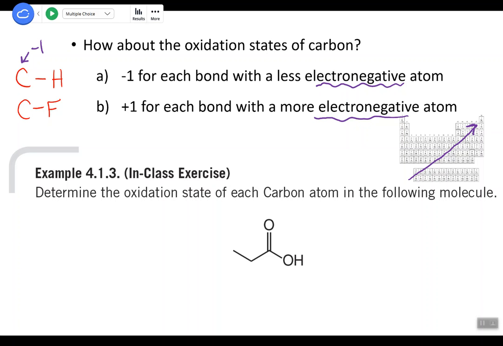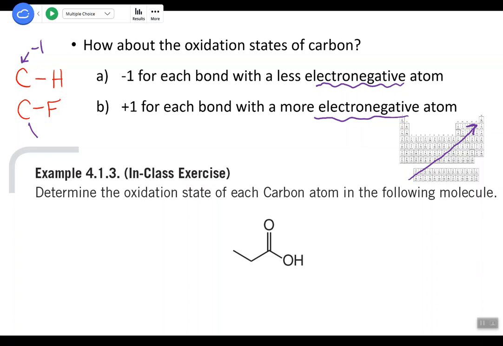But for our tabulation accounting method of electrons, we're going to say carbon has a -1 oxidation number because of that bond with hydrogen. Now, we know carbon usually has 4 bonds, 4 single bonds, 2 double bonds, some combination to give it a bond order of 4. So this is just because of the 1 bond with hydrogen. We're going to have to analyze all the bonds to each carbon to figure out what the oxidation number is.